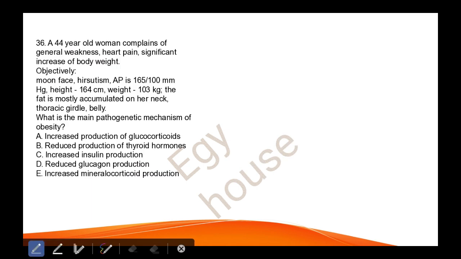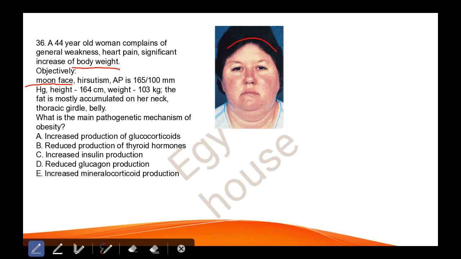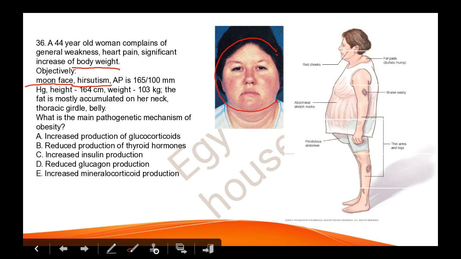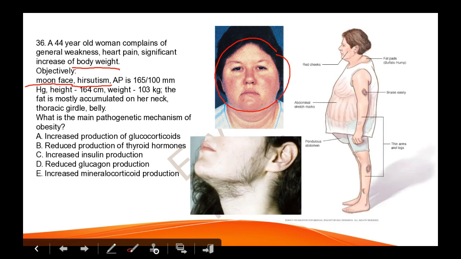Here the patient is complaining of body weight gain, and objectively when you see, there is a moon face. As you can see, it's like a moon. It's round, and hirsutism means outgrowth of hair in unusual places where hair normally does not grow for women.